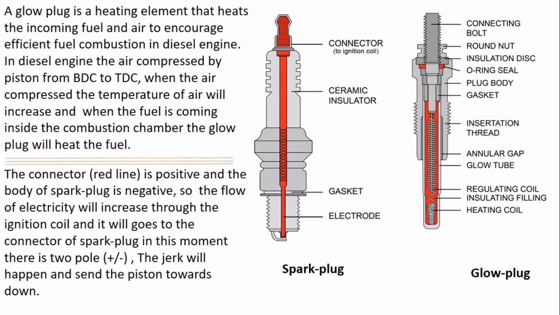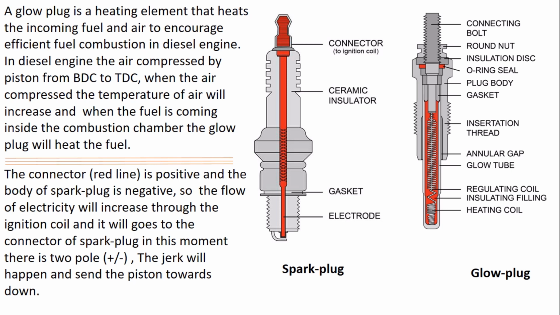Now the connector red line is positive and the body of a spark plug is negative. If you see the red one here, it has a connection to the battery. So from the battery, the positive current moves here, and the body of the spark plug is negative.